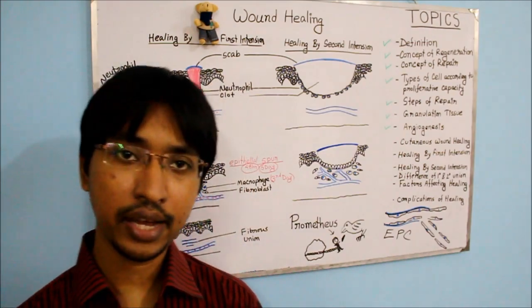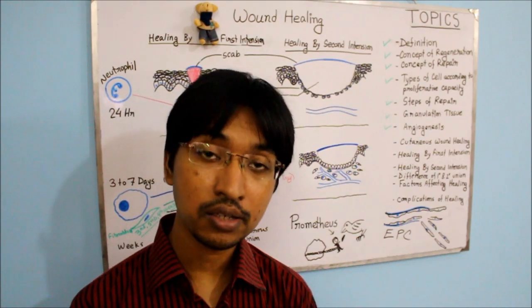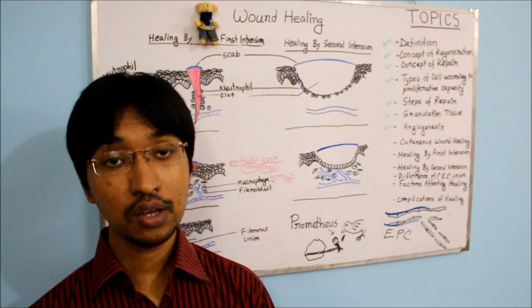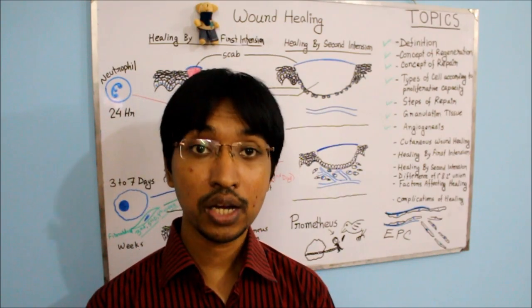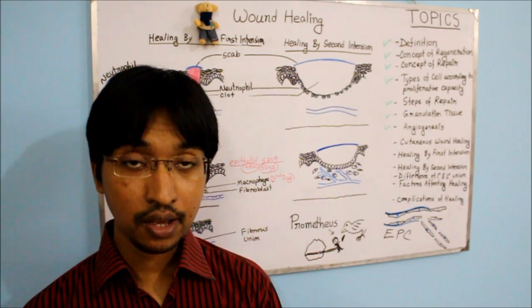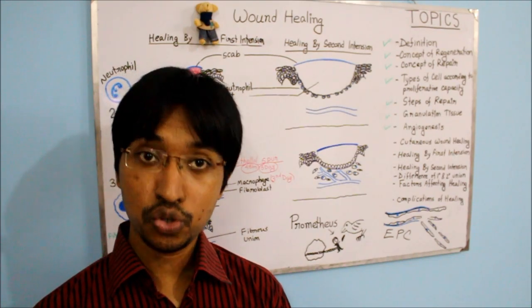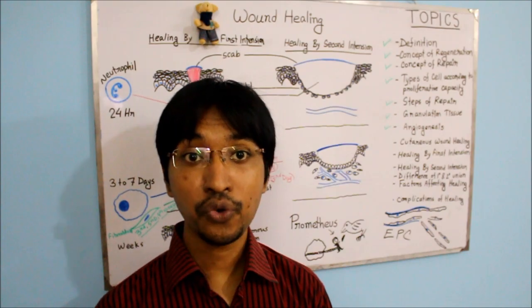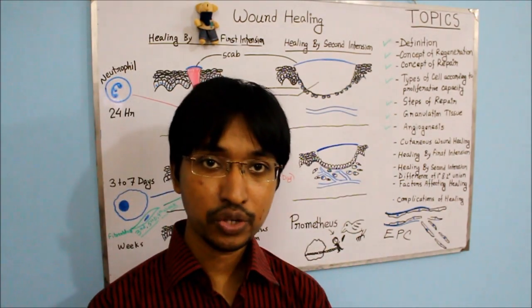What will happen next? Next, we will move on to the inflammatory phase, and during the inflammatory phase, inflammatory cells will migrate and come to the site of injury. Among the inflammatory cells, there will be neutrophils. So within 24 hours, neutrophils will come to the site of injury.